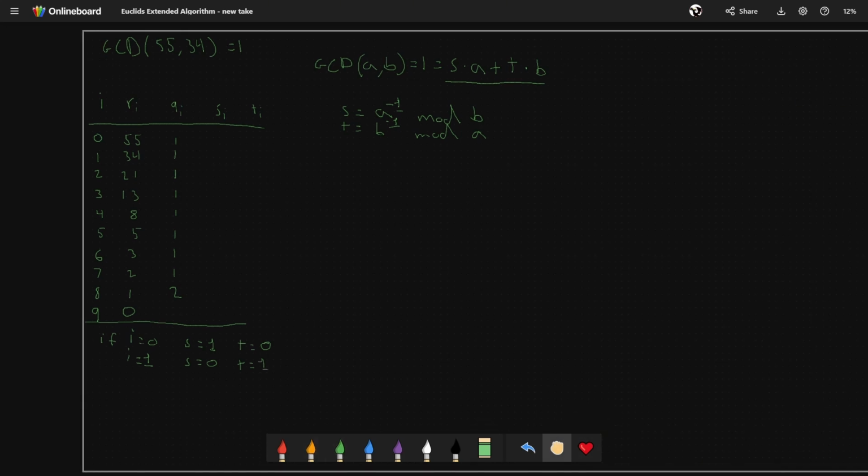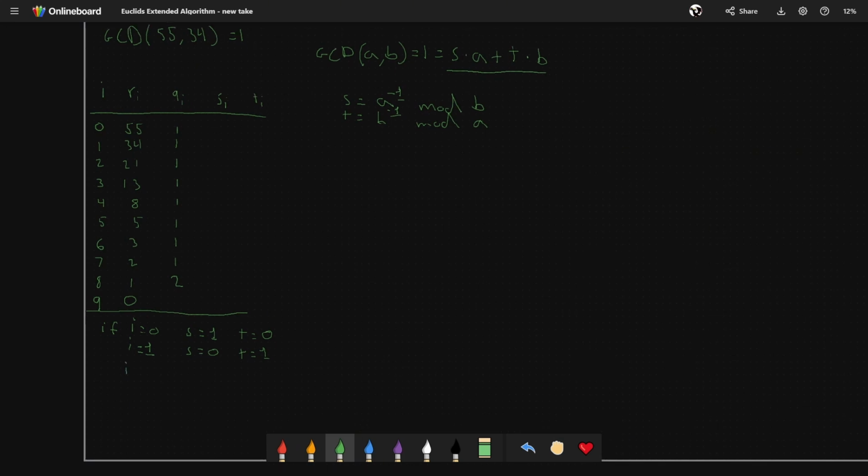I'm going to move slightly down a bit here, because now comes the fun part. If i is larger than or equal to 2, then the rules are as follows.